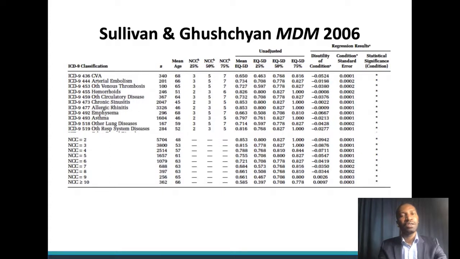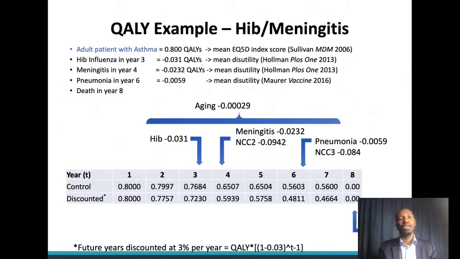What they found is that for most chronic conditions, age, comorbidity, income, and education are all significant predictors of EQ-5D index scores. Here are examples of QALY calculations. For an adult patient with asthma, we have 0.8 QALYs, the mean EQ-5D index score in the Sullivan study.